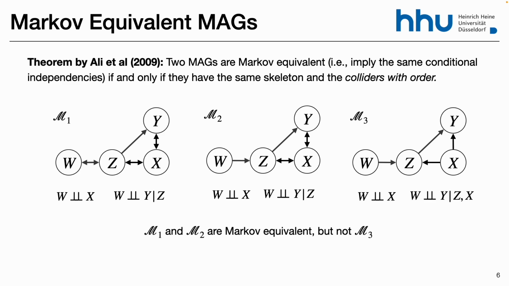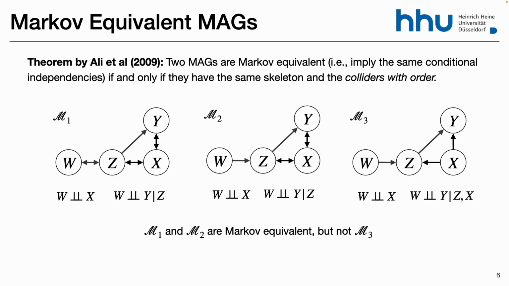So the Z in the triplet W, Z, and X is unshielded, so it's order 0. The X is not unshielded, so Z, X, and Y is another triplet, of order 1, because I had to condition first on Z to then see that X is not part of the separating set between W and Y. So that is the discriminating path W, Z, X, and Y, where the collider is a parent of the last variable.